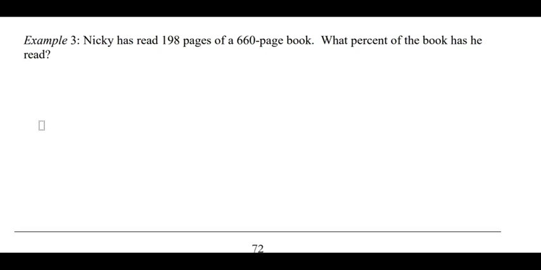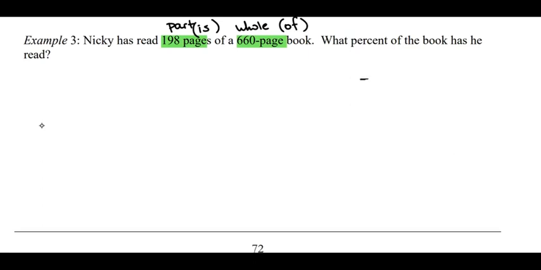All right. So Nikki has read 198 pages of a 660-page book. What percent of the book has he read? So 198 pages and then a 660-page book. This would be a part of the book, which is is, and this would be your whole book, which is of.